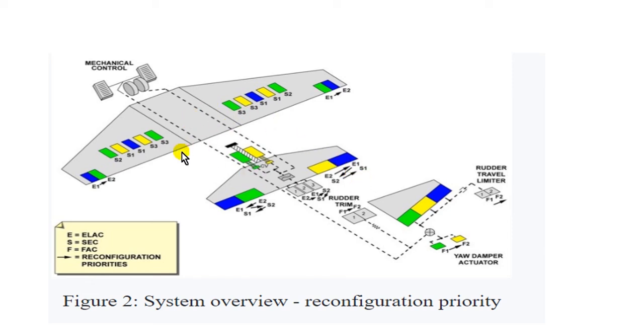This figure shows you what system feeds each servo control. You see here some colors, the green and yellow and blue. Here are the elevators, here is the aileron, here are the spoilers, here is the rudder.